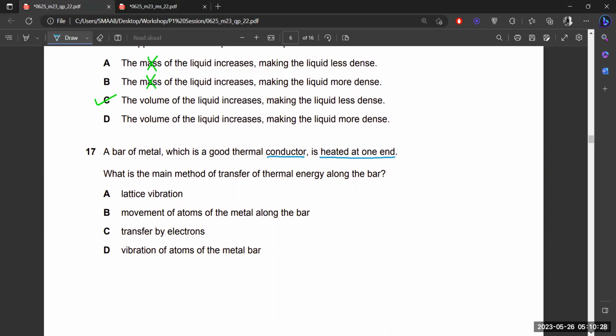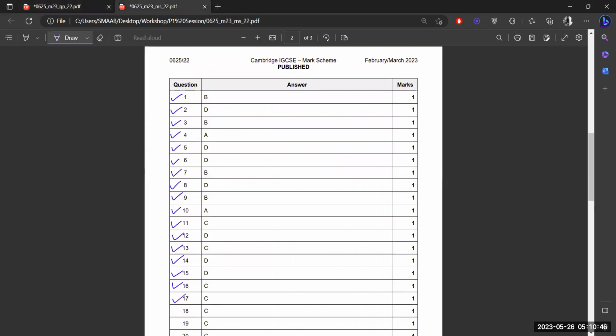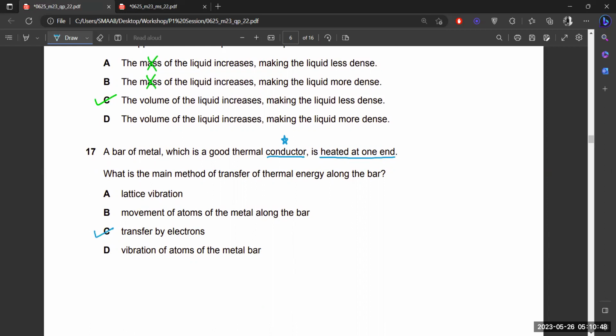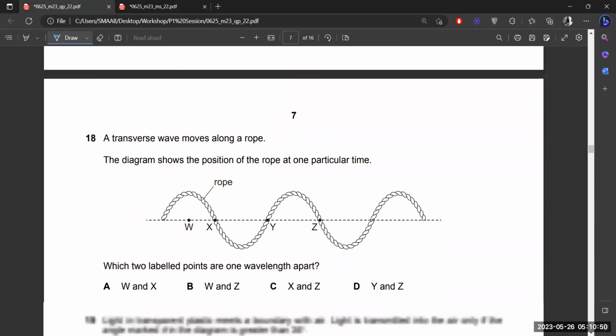Always remember, this question is also from the past paper, but the phrasing was different. So don't get confused. The question is very simple. When we are talking about a conductor, always think about the free electrons. So C is the right choice. That's good.